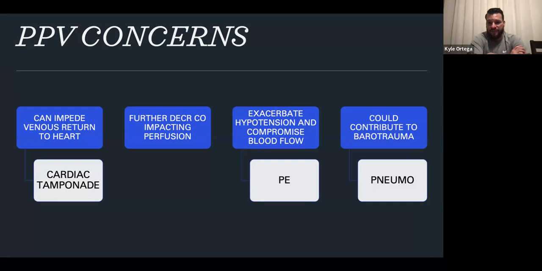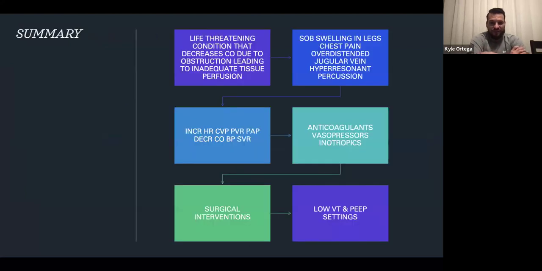And it could contribute to barotrauma, which could be a tension pneumo. So those are some pretty grave concerns. I guess that's why I did find a lot of research, because all the treatments and everything don't exactly scream put them on the vent, but you know, we have to. They can't keep their airways open.